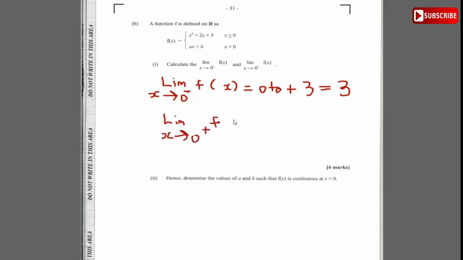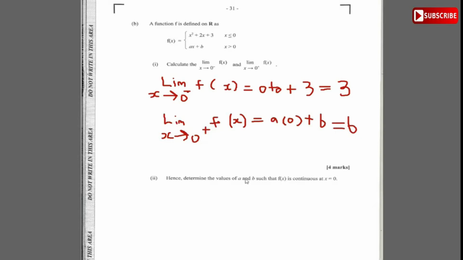And so all we need to do is plug in x as 0, and I get a times 0 plus b, which is equal to b. So the limit from the right is b.